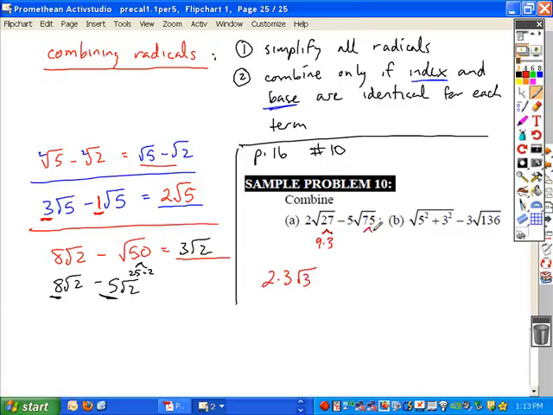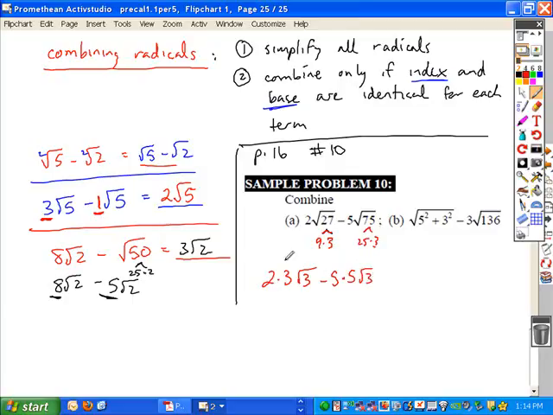What about the second radical? Any perfect squares that you can remove from 75? Also 25 times 3. So you have this factor of 5 out front. The square root of 25 comes out as another factor of 5. Square root of 3 stays.